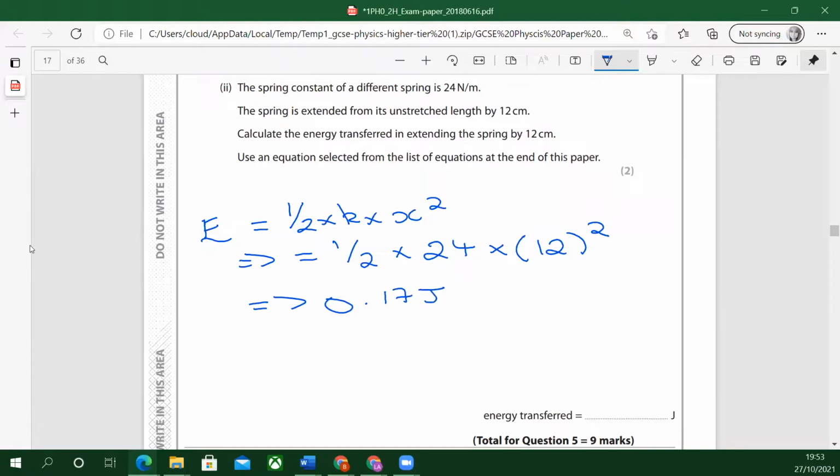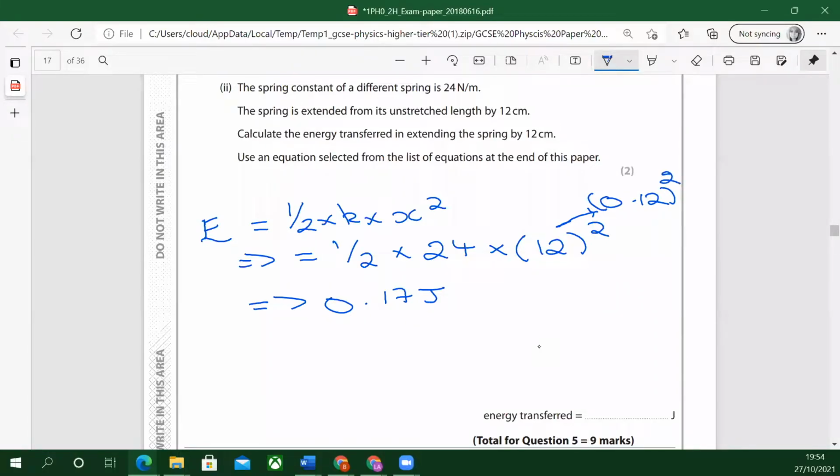Something I didn't tell you there: this has got to be in meters. So this actually has to be converted to 0.12 to get that answer. I did it on my calculator, but I didn't write it down to tell you.